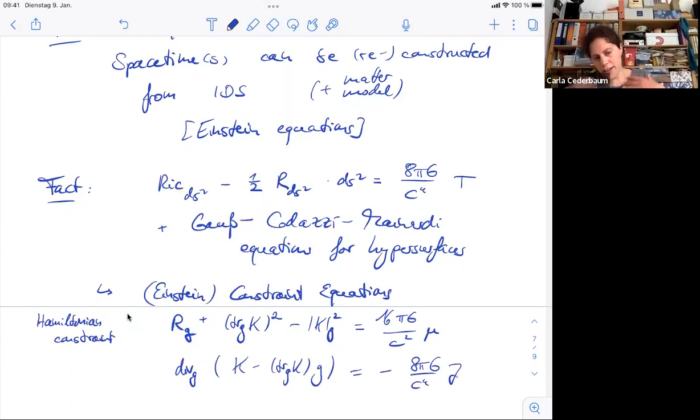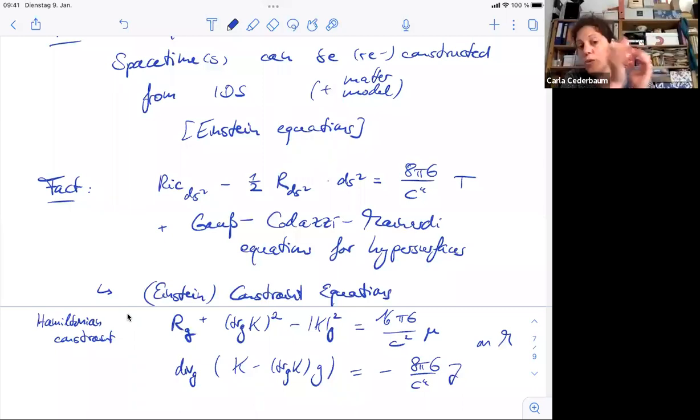So for any initial data set, where I'm given the manifold M, the metric g, the second fundamental form K, a symmetric (0,2) tensor field, some matter density mu and some momentum density J, they are only allowed to be considered in this context if these constraints are satisfied.